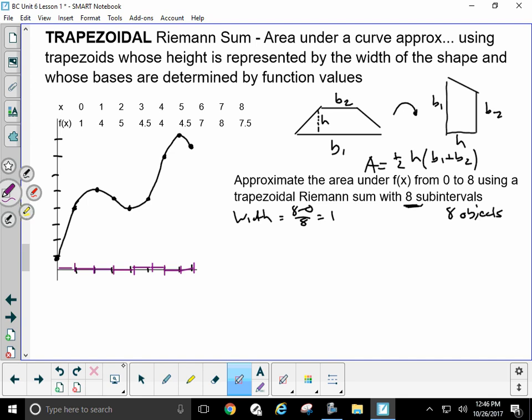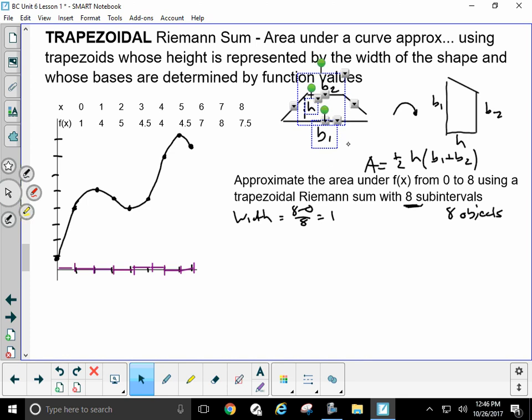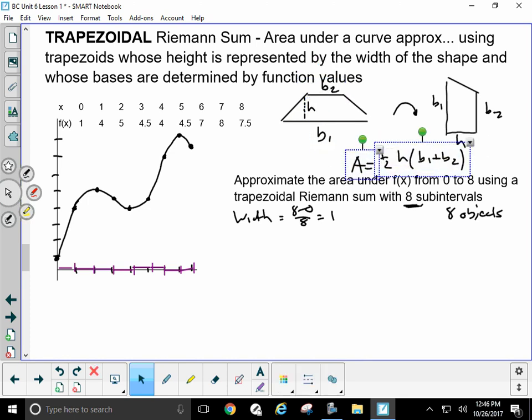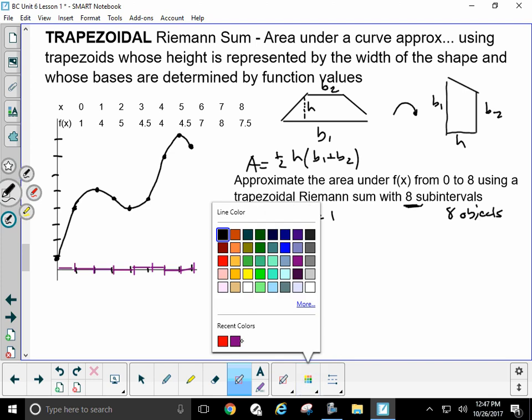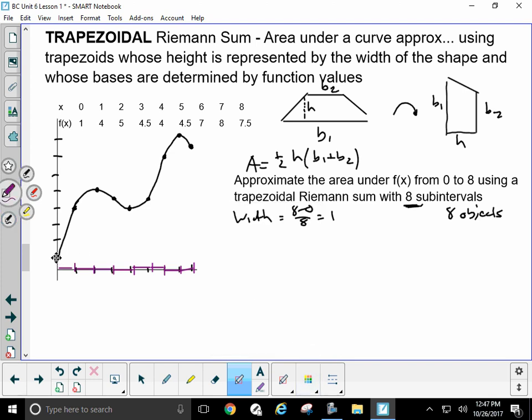Okay, now I'm going to change up this formula a little bit, right? Because if we're talking about a width, we usually consider it a delta x. Well, if I flip this over, I can see that if I place a line going up to this function value and this function value, and connect the two with a straight line, I've created a trapezoid. Here, let's do my second trapezoid. Lines going up to the heights, connecting with a straight line, we have a trapezoid.